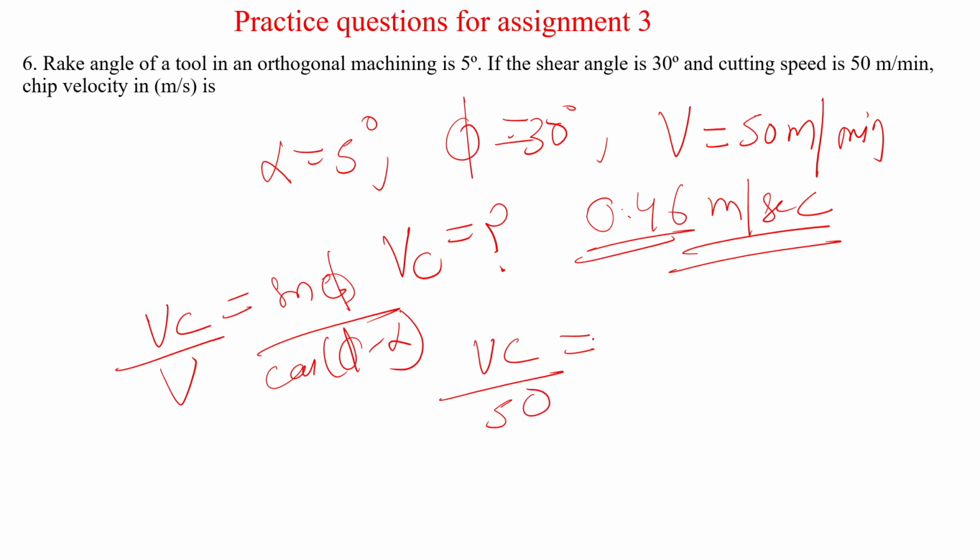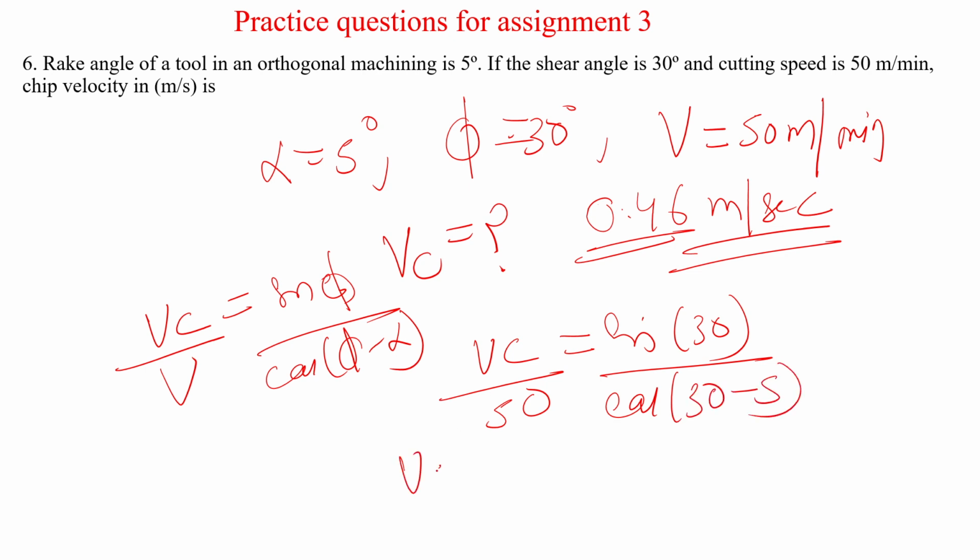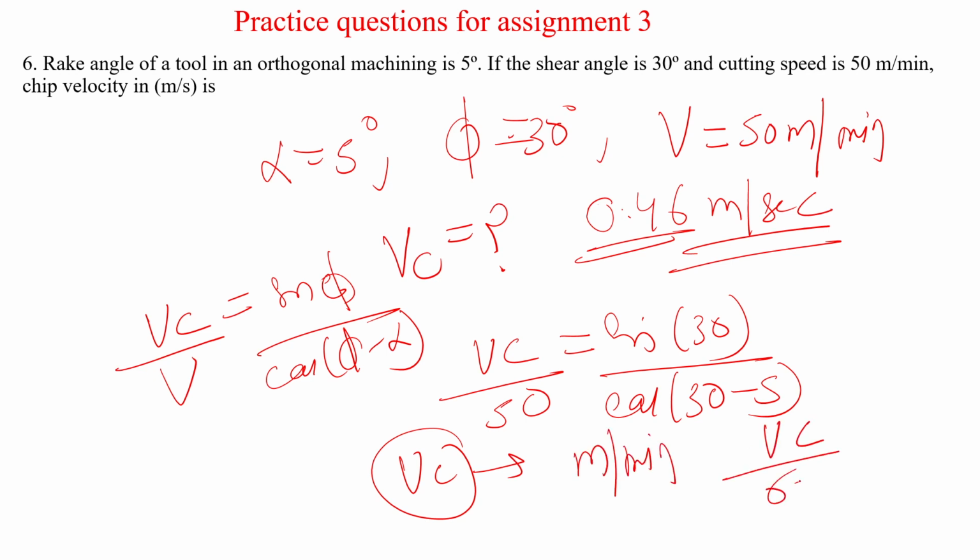Vc by 50 is equal to sine 30 degree upon cos of 30 minus 5. Just solve it and find the value of Vc, but it will come in meter per minute. Then divide Vc by 60. You will get it in meter per second. Right?